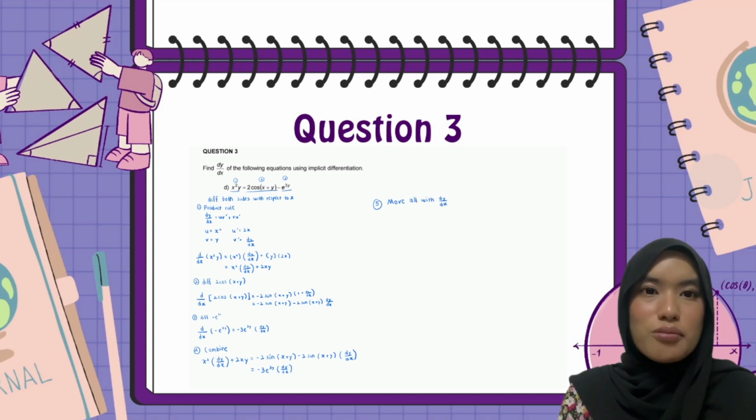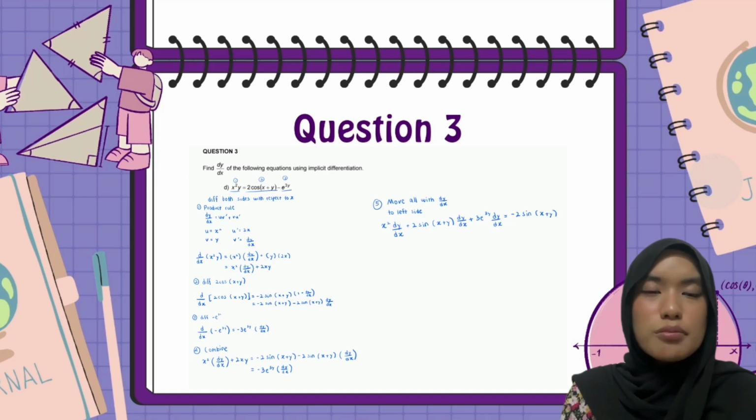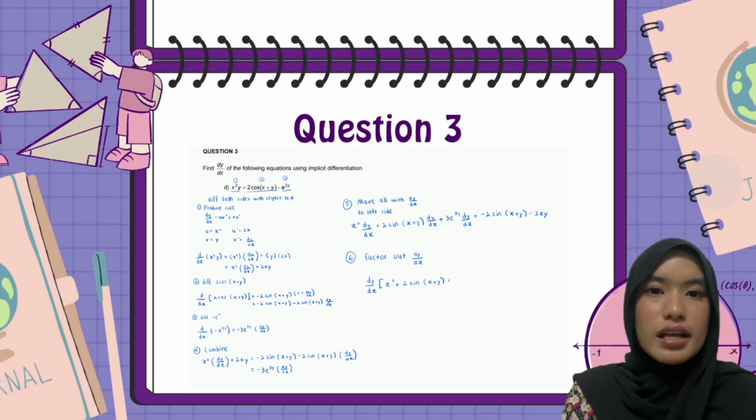Move all terms with dy over dx to the left side and factor out dy over dx. x squared dy over dx plus 2 sin (x plus y) dy over dx plus 3e to the power 3y dy over dx equals negative 2 sin (x plus y) minus 2xy. dy over dx multiplied by (x squared plus 2 sin (x plus y) plus 3e to the power 3y) equals negative 2 sin (x plus y) minus 2xy.